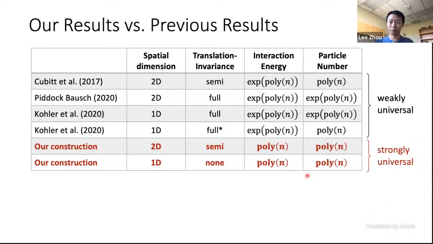In contrast, our results only require polynomial energy as well as particle number. And we were able to do this in both a 2D square lattice type geometry, as well as a 1D nearest neighbor line geometry.